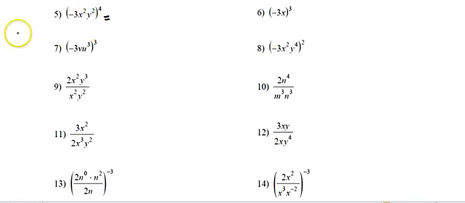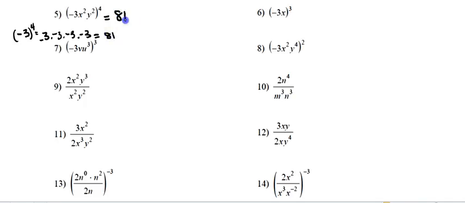So let's do that. Negative 3 to the fourth power, which is negative 3 times itself 4 times: negative 3 times negative 3 times negative 3 times negative 3. Okay, so negative 3 times negative 3 is positive 9, times negative 3 is negative 27, times negative 3 is positive 81.